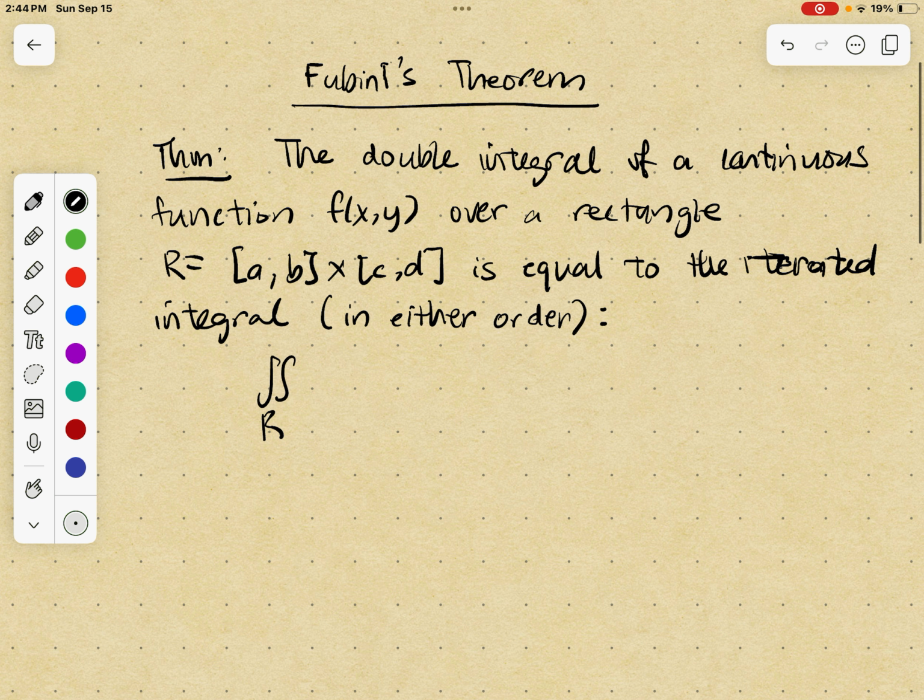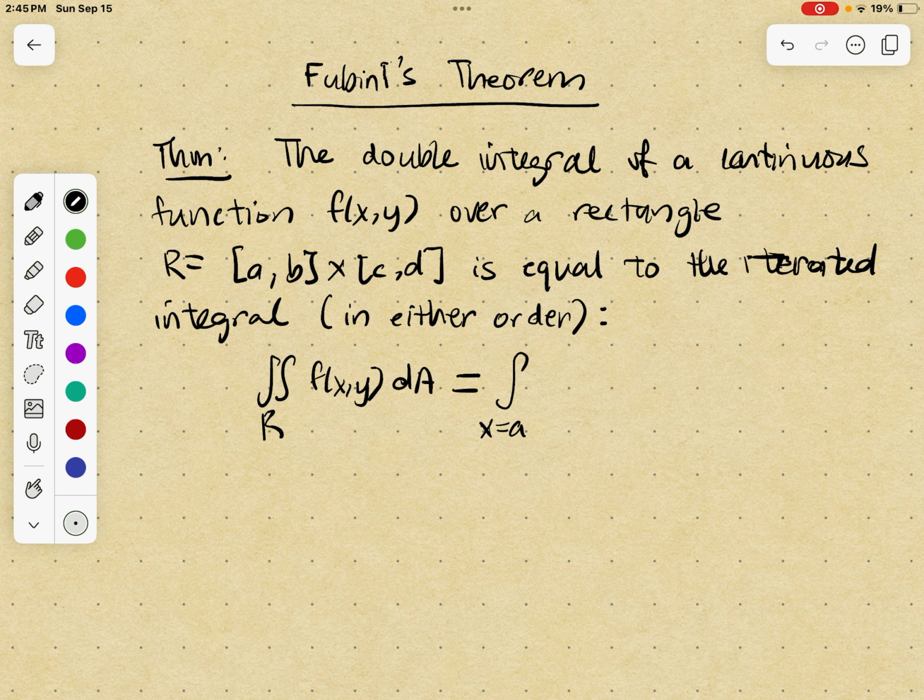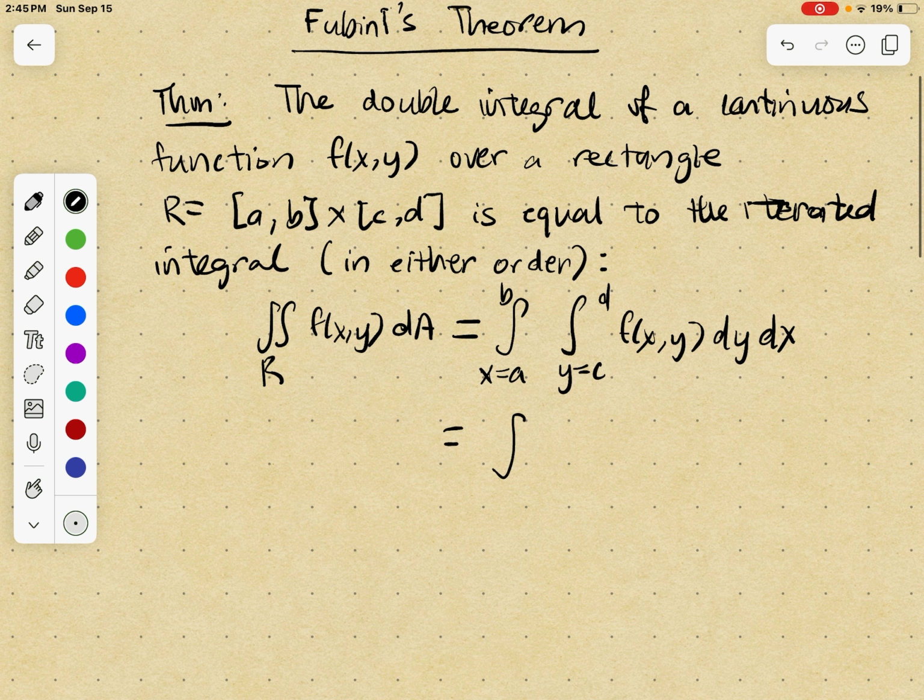So this double integral of f of x, y dA is the integral from x equals a to x equals b of the integral from y equals c to d of f of x, y, so dy dx, and it's also equal to the integral if you reverse the order of integration. So if you integrate with respect to y on the outside and with respect to x on the inside, so this is dx and then dy, you get the same thing. That's what Fubini's theorem says.